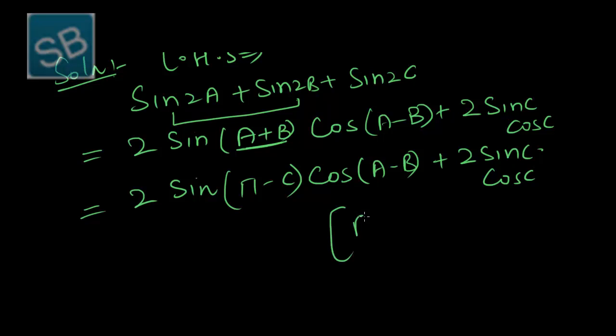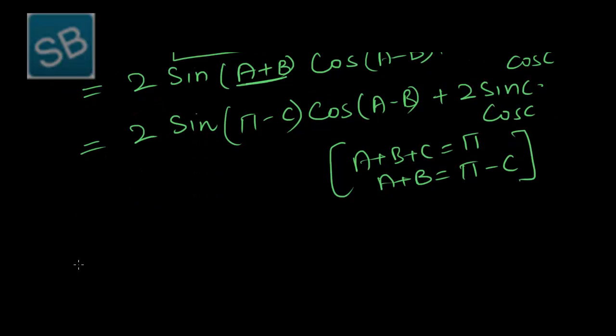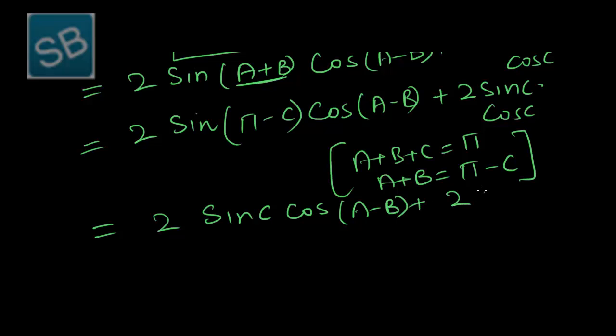As we have a plus b plus c is equal to pi, that gives a plus b is equal to pi minus c. Therefore, 2 sine pi minus c is sine c, so we get 2 sine c cos a minus b plus 2 sine c into cos c.